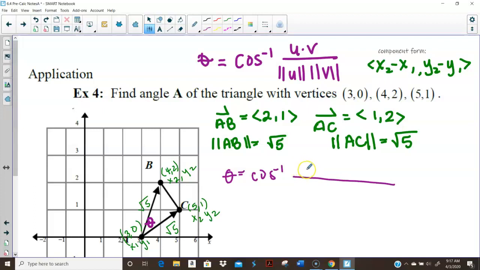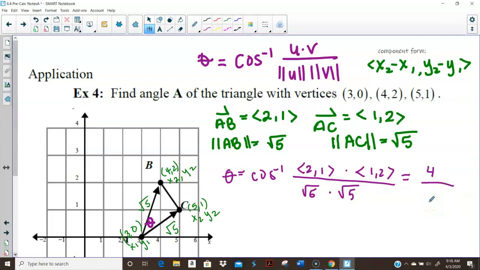So that's going to be 2, 1 dot 1, 2 over the magnitude of AB, which is root 5, times the magnitude of AC, which is root 5. It's the magnitude of the two sides that the angle is in between. All right, dot product. So you'll do 2 times 1 plus 1 times 2. So that's going to be 2 plus 2, which is 4.